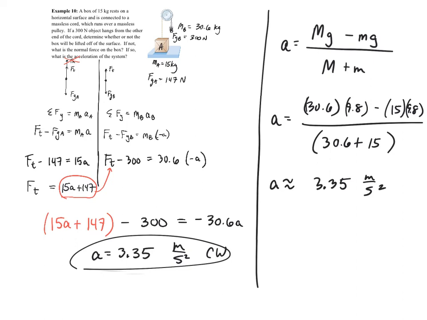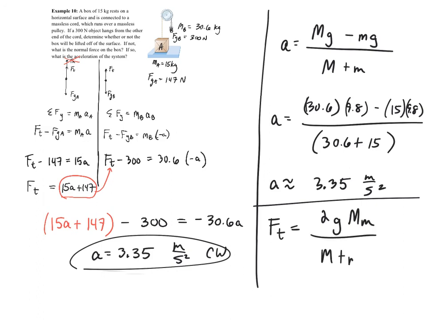Now, the general answer for tension is this. Tension is 2 little g, big M, little m, all over M plus m. That's the generic solution for tension.